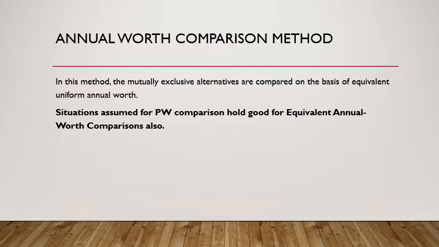Situations assumed for present worth comparison hold good for equivalent annual worth comparison as well. Of the six conditions we had assumed, those six conditions hold good here as well.